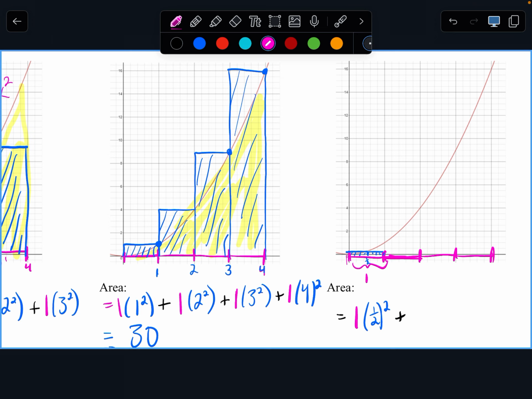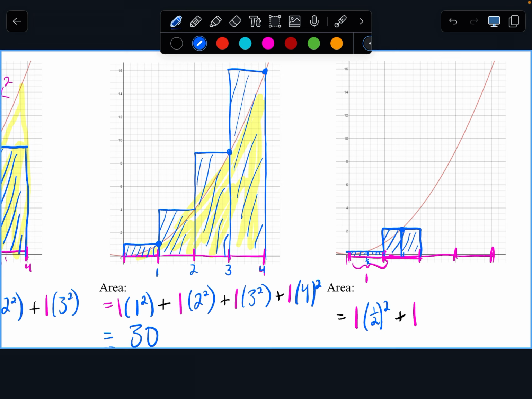And then the next one is still width of 1. But then my height, I'm trying to eyeball it the most I can. When I draw it, it would be there. It's weird because I don't like drawing the height in the middle, but my opinion doesn't matter, so we're just going to go with it.